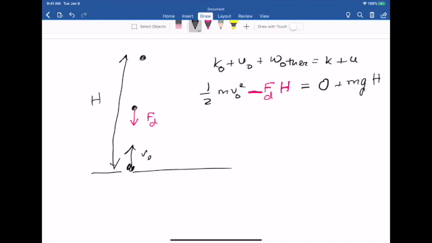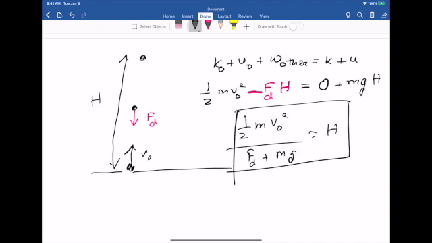So now we can solve for h in this case, and so h would be what? You would move the Fd h to the other side, and so it would just be 1/2 m v initial squared divided by Fd plus mg.